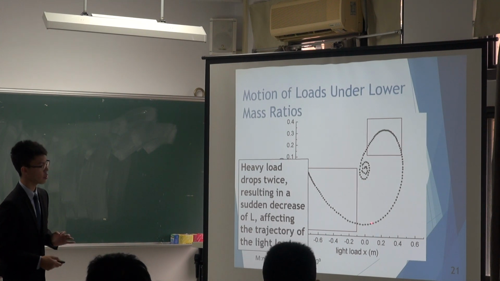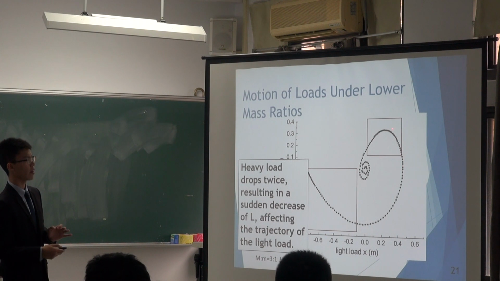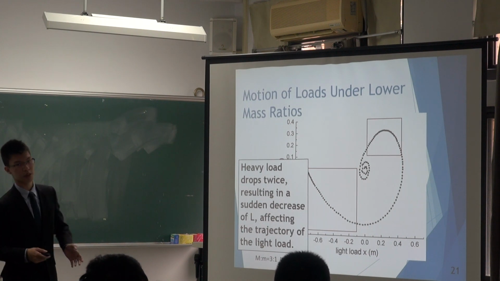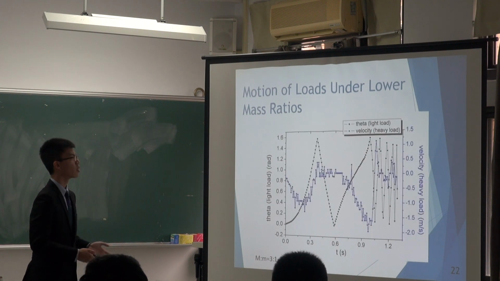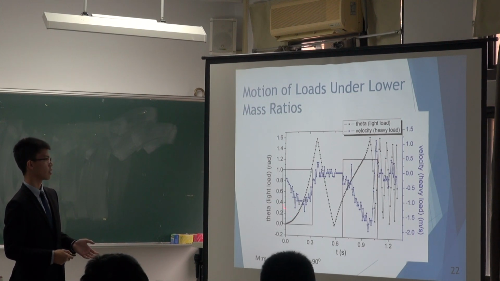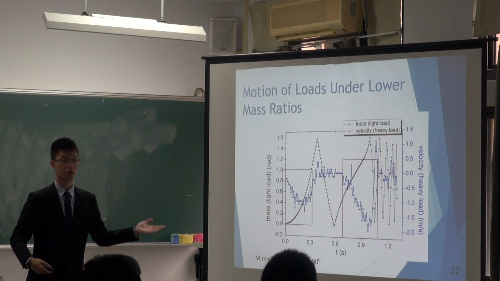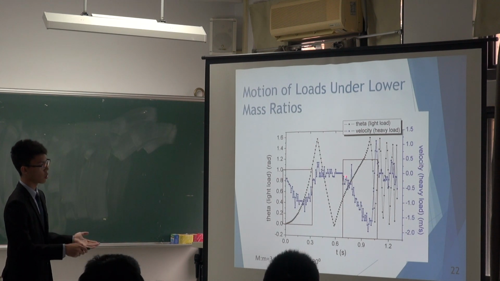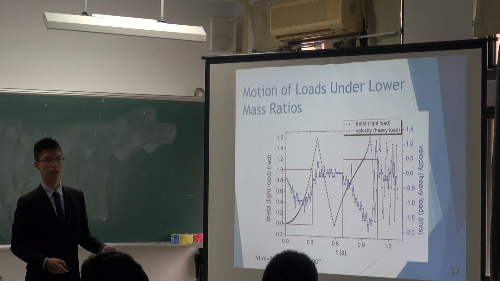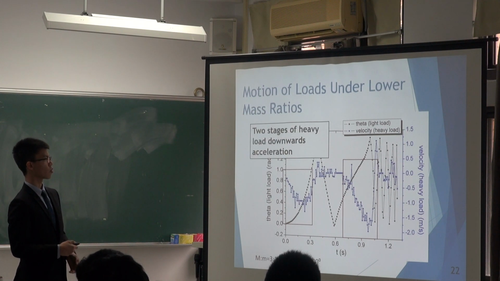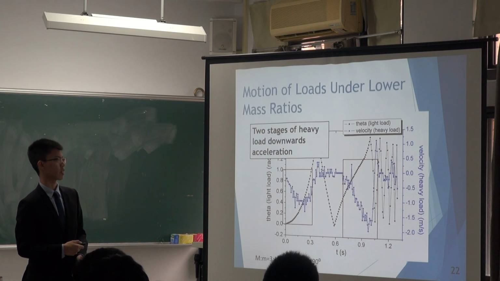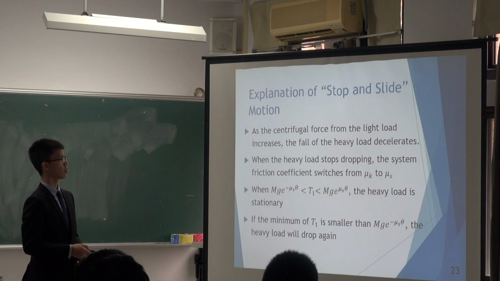So the motion stops for a while and then occurs a second time, which allows the heavy load to drop twice. This is another instance compared to the previous graph. You can see there are obviously two significant drops in the graph, so we can observe two stages of downward acceleration of the heavy load.